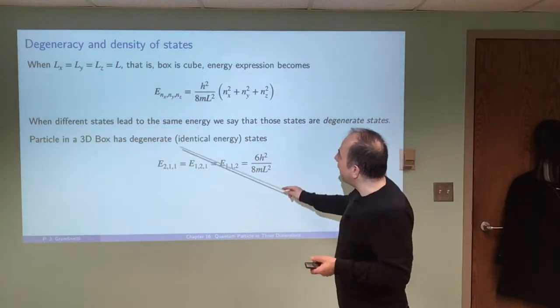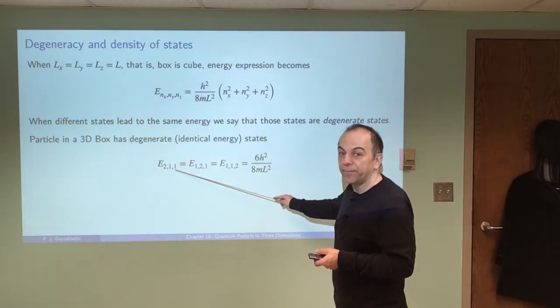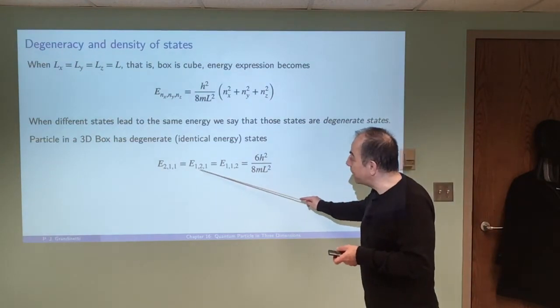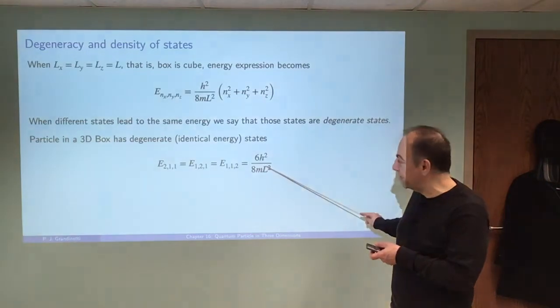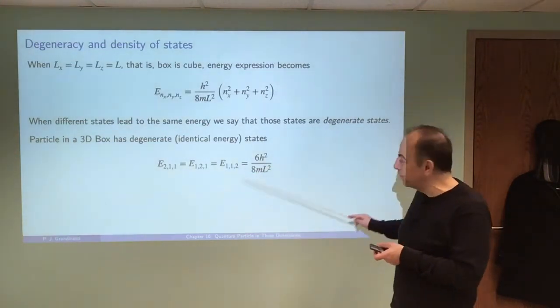So for example, if I have nx equals 2, ny equals 1, and nz equals 1, that will give me this energy. But similarly, nx equals 1, ny equals 2, and nz equals 1 will give me the exact same energy, and also nx equals 1, ny equals 1, and nz equals 2 will give me that energy.